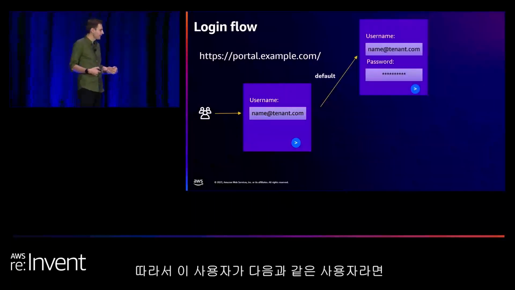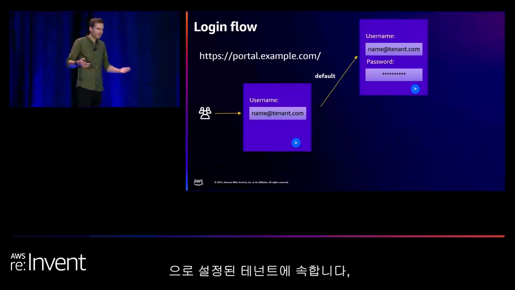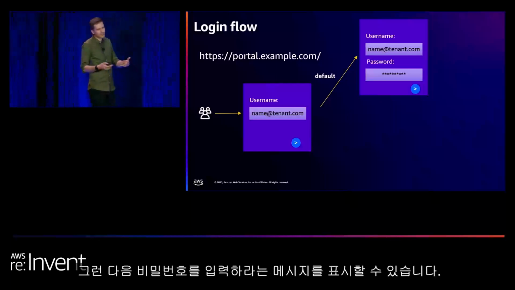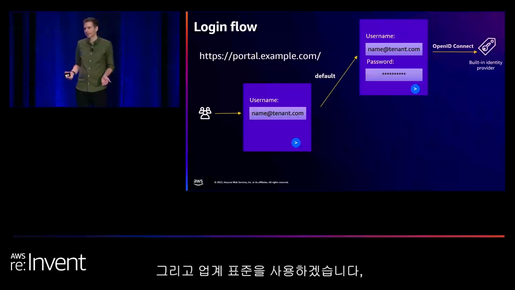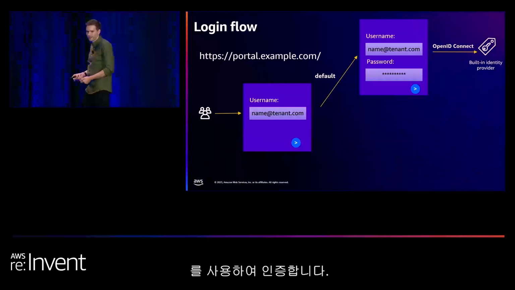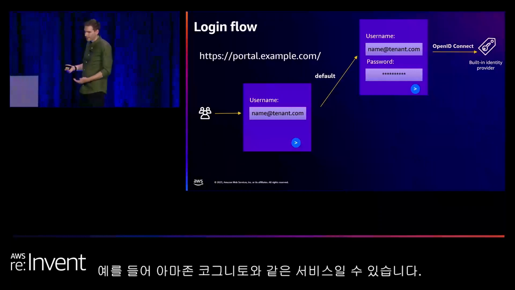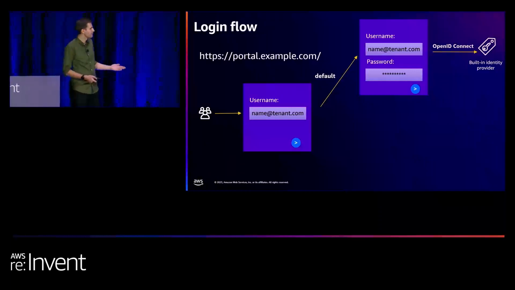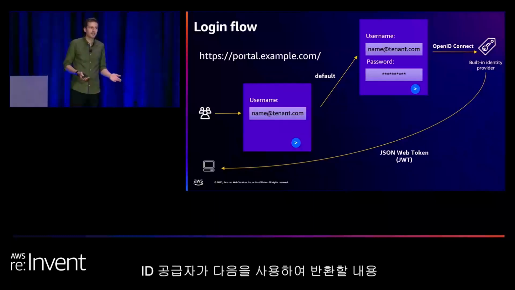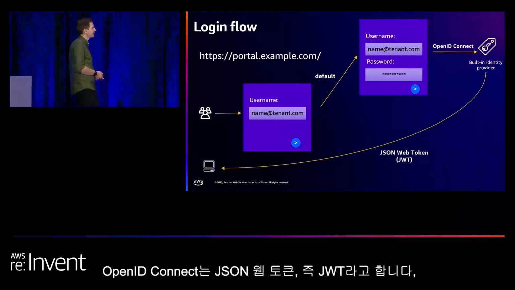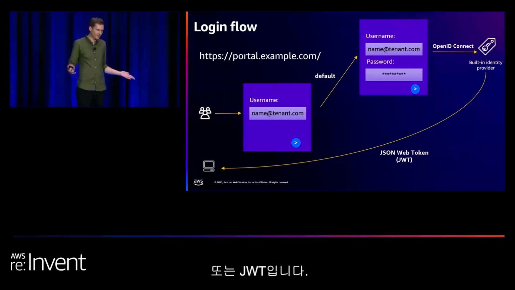So if we find that this is a user which belongs to a tenant who's decided to use our built-in identity provider, we can then go ahead and prompt them for the password. And we'll use an industry standard like OpenID Connect to authenticate them against our identity provider. And this might be something like Amazon Cognito, for example. What will be returned from the identity provider using OpenID Connect is something called a JSON Web Token, a JWT, or a JOT.